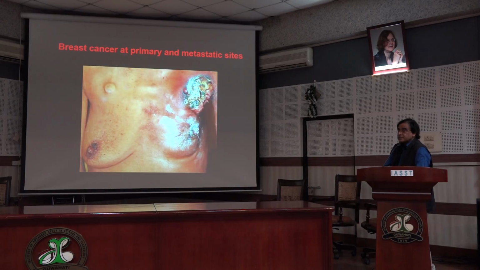Another important point: people thought targeting tumor cells or cancer cells would solve the purpose, but that is not the issue, because there are many stromal cells. More and more papers are coming, particularly outside India, in pancreatic cancer, breast cancer, prostate cancer, lung cancer, etc., showing that immune cells play a very important role. That includes macrophages, tumor-associated macrophages, NK cells, T cells, and many other immune cells.